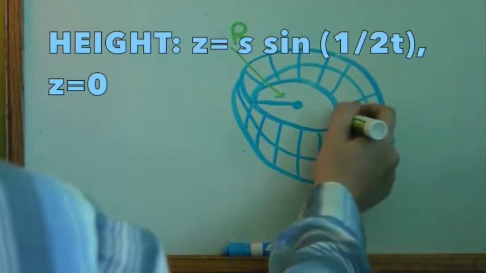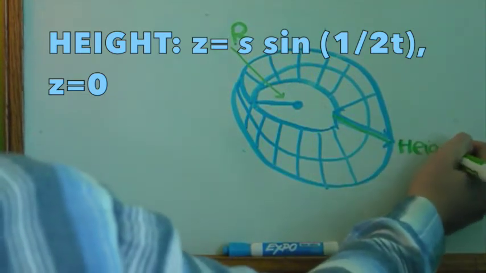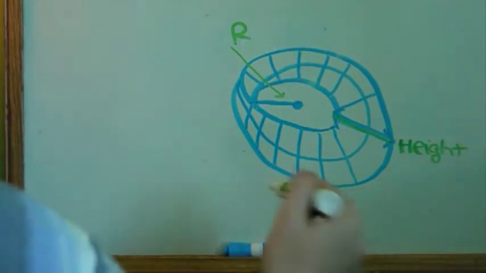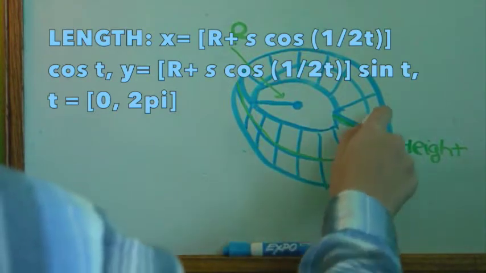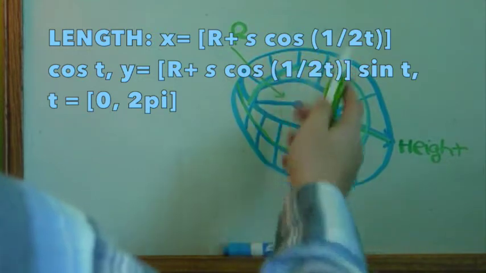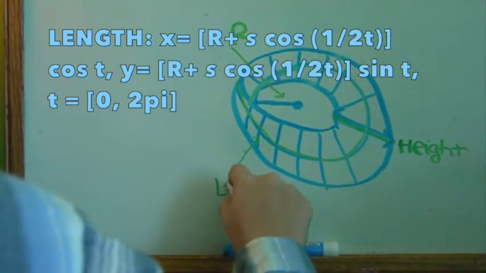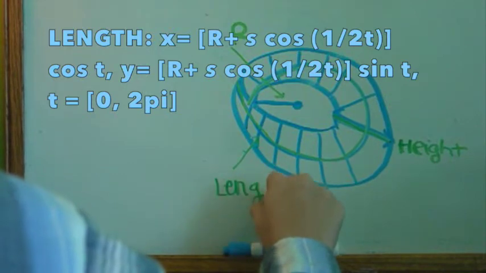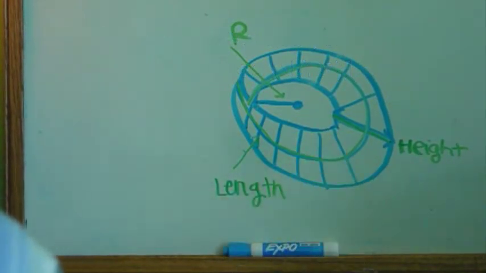Height is z equals s sine 1/2 t, where z equals 0. The length is x equals r plus s cosine 1/2 t times cosine t, and y equals r plus s cosine 1/2 t times sine t in the range 0 to 2 pi.